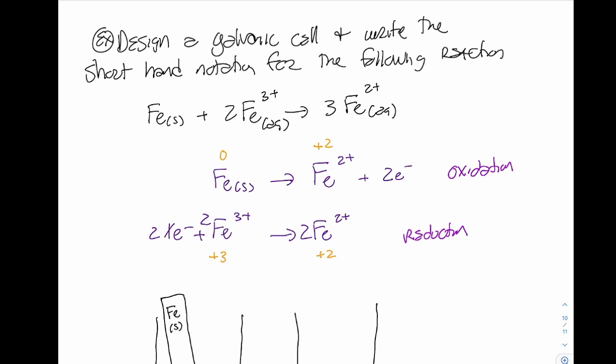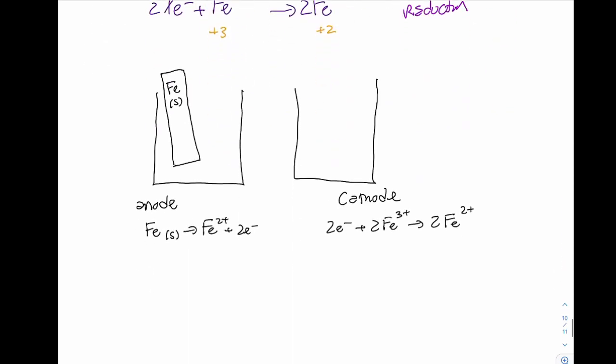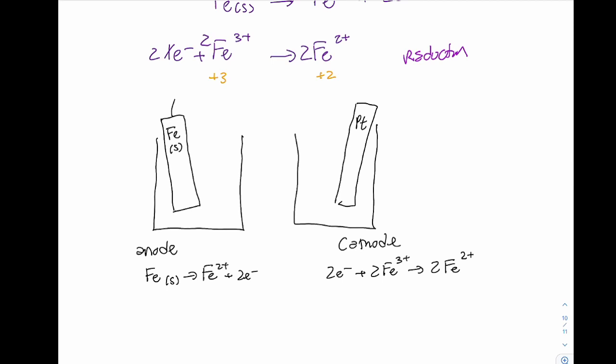You're not going to have a solid ion or a liquid ion. So I don't have a solid on that side. We do need to have a solid, however, to actually hook our wires to. So we're going to use a piece of platinum. And then I'm going to connect those with my wire.